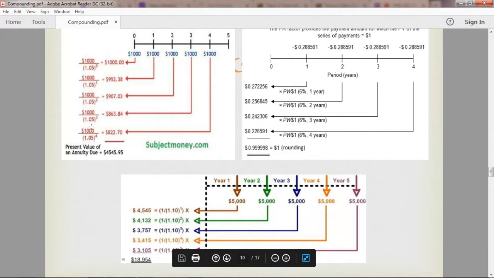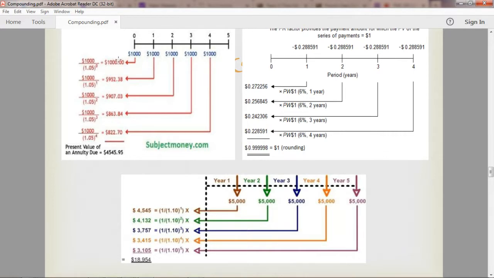Annuity due has one less discounting. This one is discounted 5 times, 4 times, 3 times, 2 times, 1. But the fifth payment gets discounted only 4 times, 3 times, 2 times. The first one isn't discounted at all.